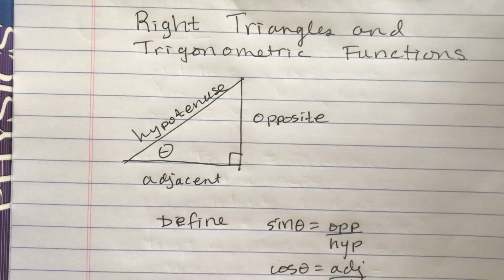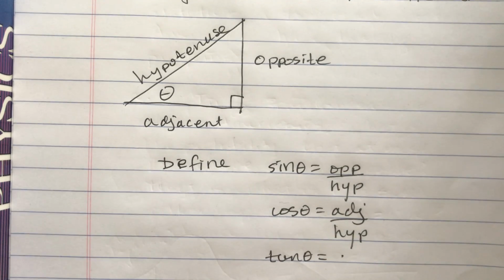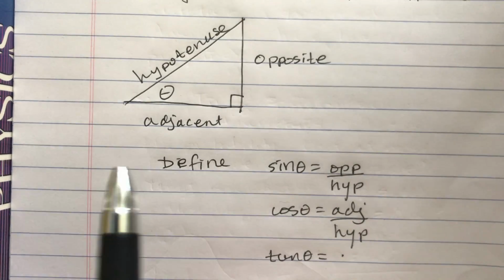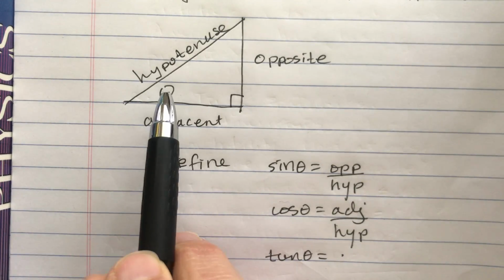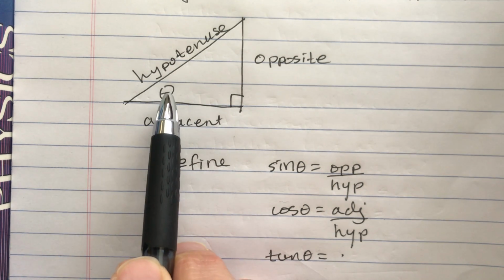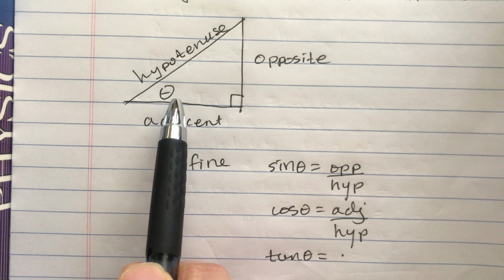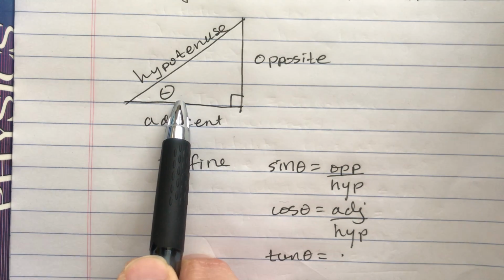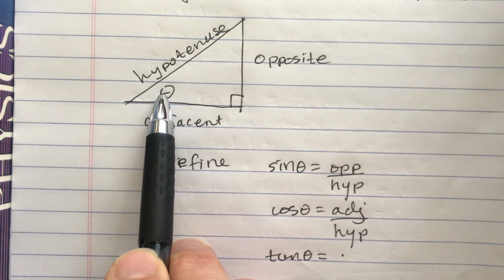And through this, we can define sine and cosine and tangent. Now, under this construction here, theta, because it's an angle in a triangle, has to be greater than 0 degrees and less than 90 degrees.